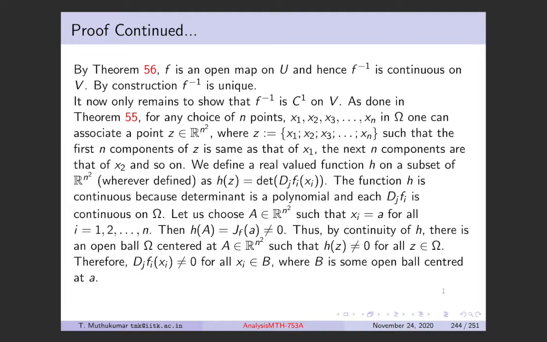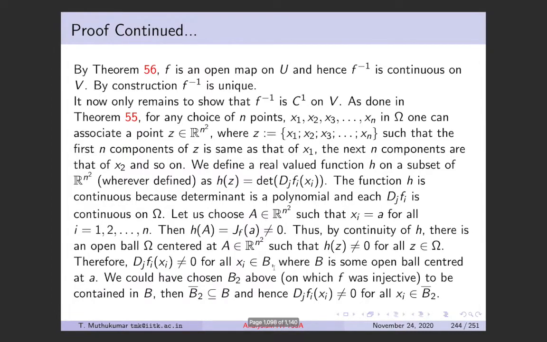So you can think of this as a projection into one copy of Rn of the open ball that you obtained here. So dj fi of xi is non-zero for all xi in B.